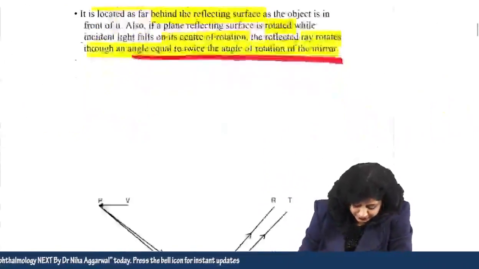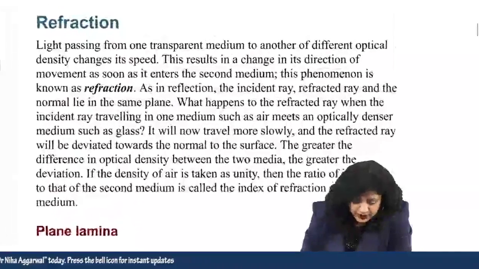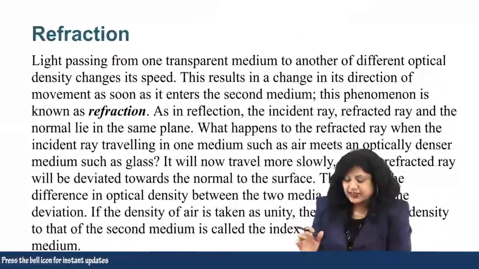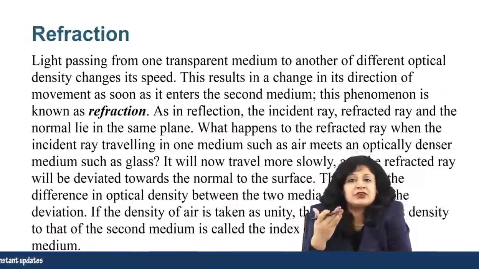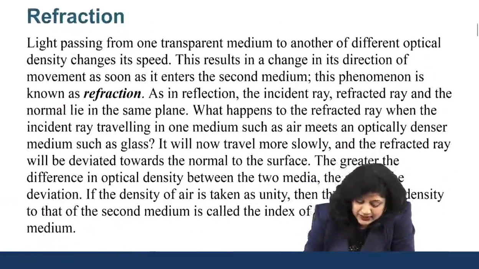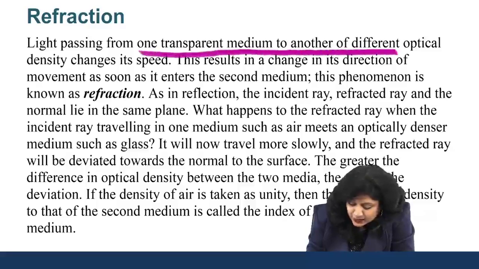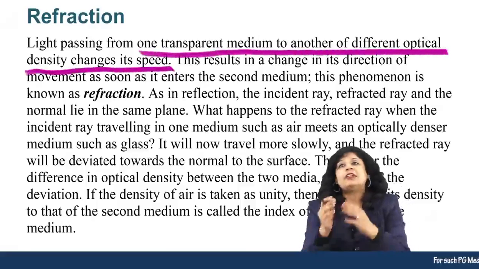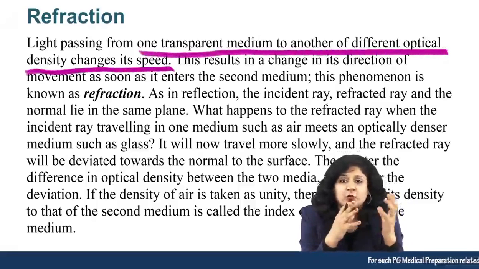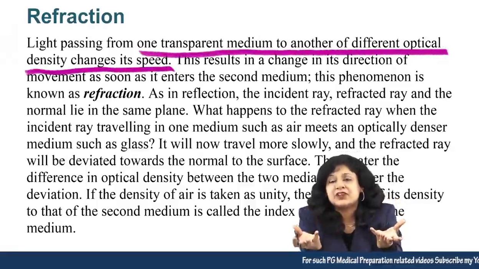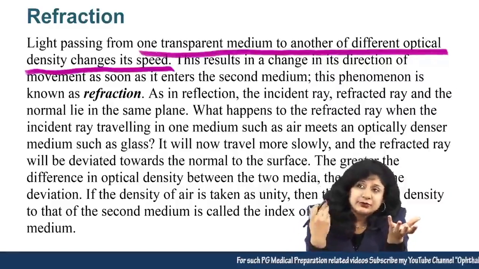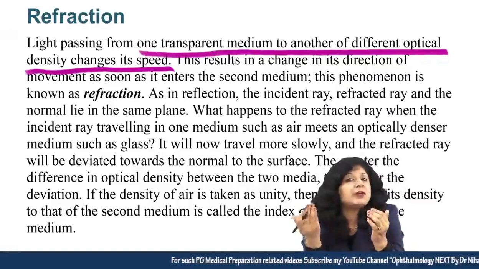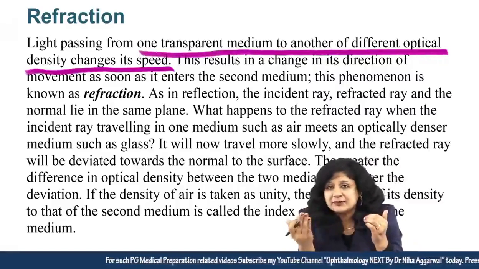Now, we come to the refraction. You have seen the reflection. Now we are talking about refraction. Light passing from one transparent medium to another of different optical density changes its speed. We already know that when light is passing from one transparent medium to another, a different optical medium, then the speed will change, maybe a denser medium to a rarer medium.